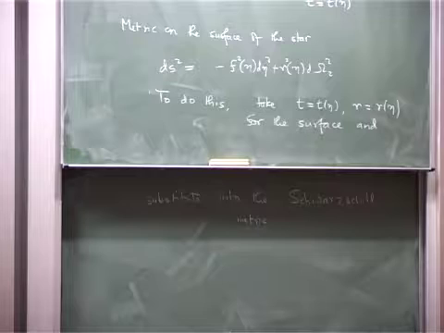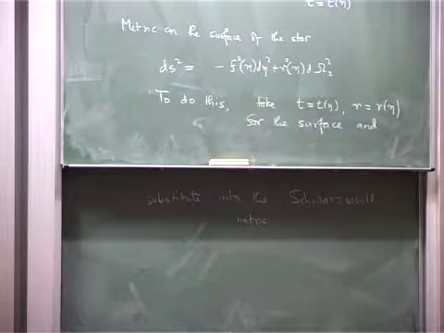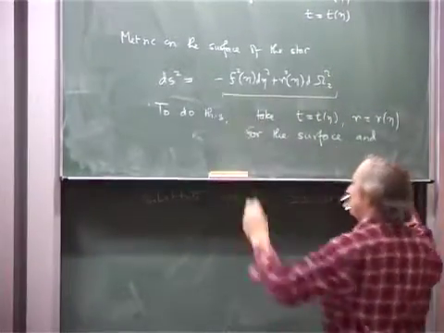You could do that calculation. You can certainly imagine doing it. We've written down t as a function of eta and r as a function of eta, and you will end up with some formula that will look like that.